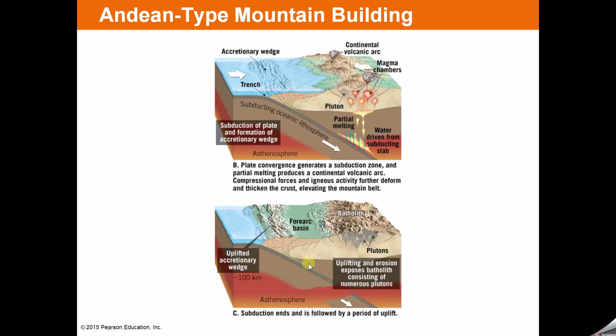And then after a while, these accretionary wedges are uplifted. Uplifting and erosion exposed batholiths consisting of numerous plutons. So this is the Andes Mountains. Basically, the idea is you need a subduction zone. Here we have an example of oceanic and continental crust.